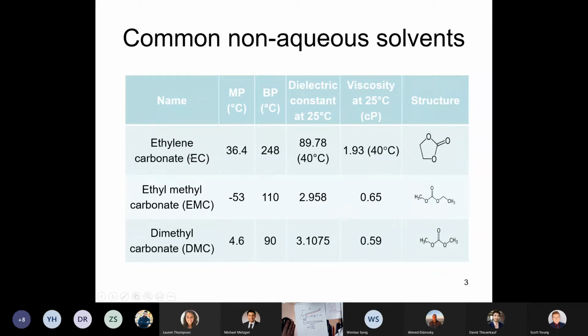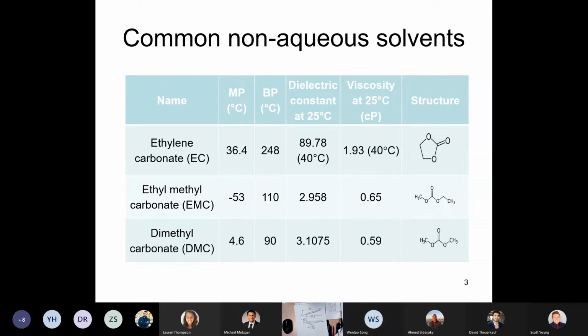So typically what you do is you blend these things together so that you can make a mixed solvent that has an acceptable melting point, acceptable dielectric constant, and acceptable viscosity. And that's the strategy and why we use mixed solvents in lithium-ion cells. If there was the ideal solvent, we wouldn't use mixed solvents at all, but there isn't an ideal solvent.